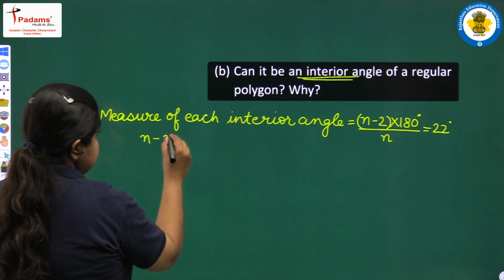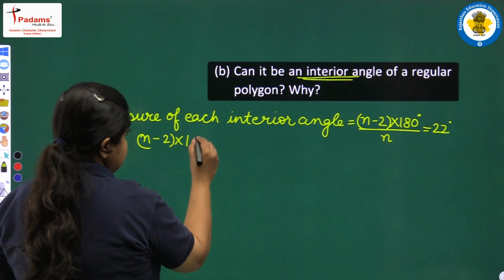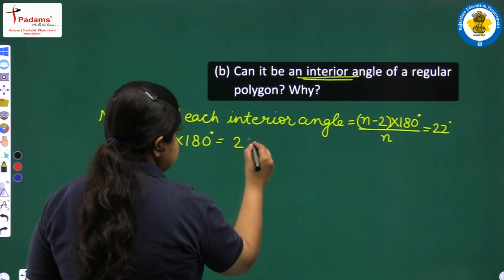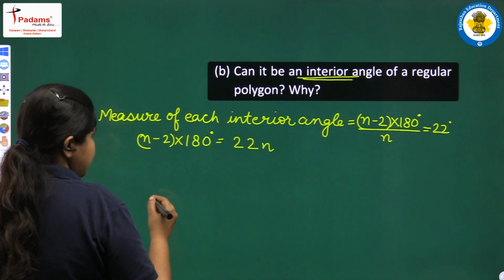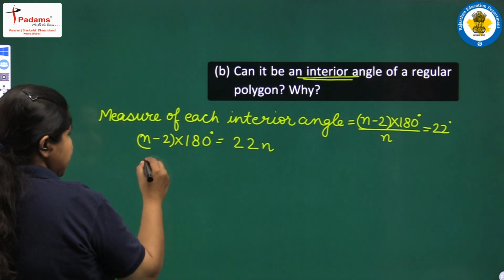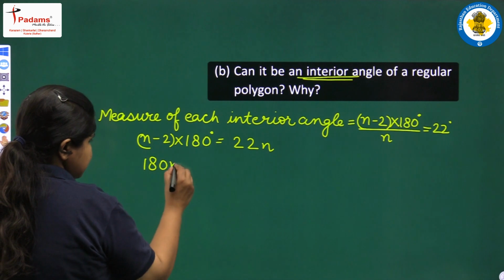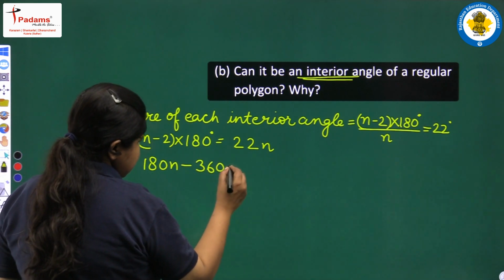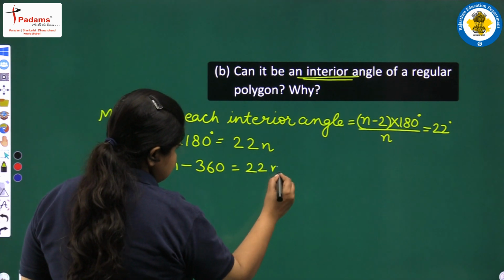(n minus 2) into 180 degrees, and this n will go in the RHS and get multiplied by 22. Again 180 will be multiplied by n, so it will give us 180n, and multiply by 2, it will give us 360 equal to 22n.